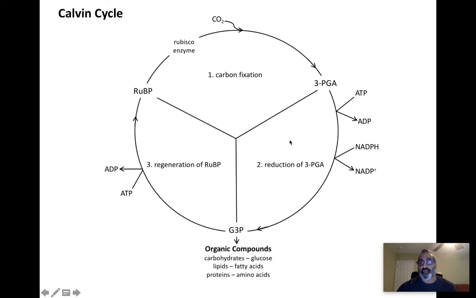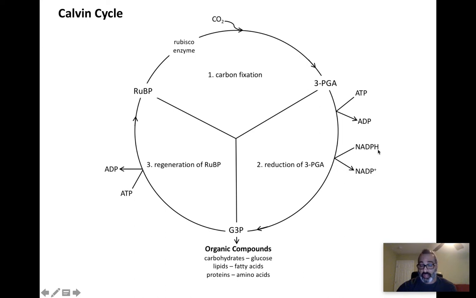Now 3-PGA gets reduced, and as it's reduced it gets converted into G3P. How does that happen? With the help of energy: ATP gets hydrolyzed and broken down, forming ADP. Hydrogens are needed because 3-PGA gets reduced, gaining hydrogens, and they come from NADPH donating those hydrogens to the step.